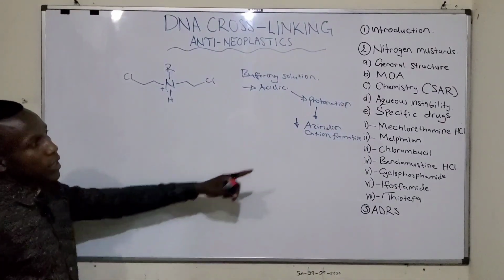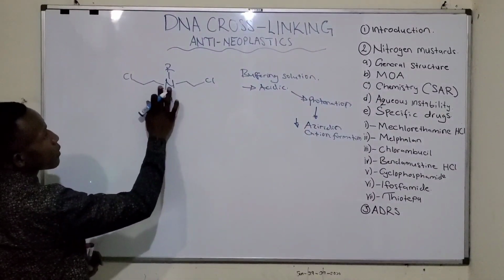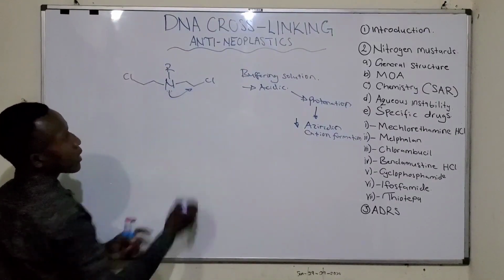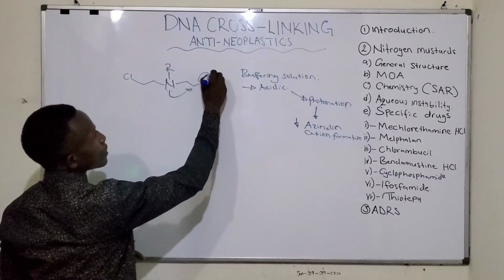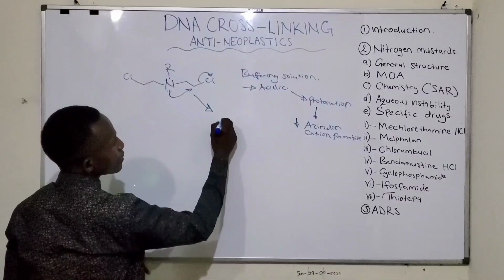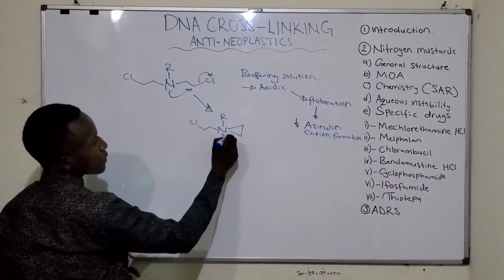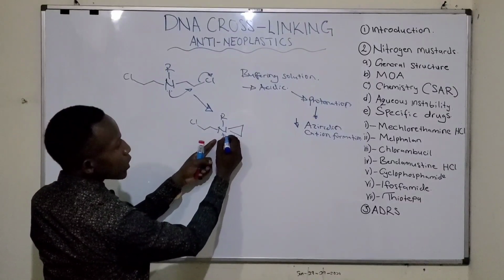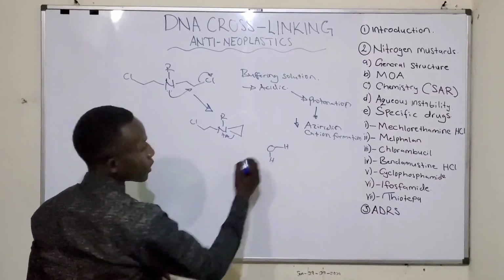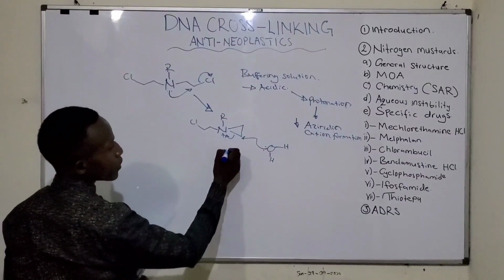So how does the aqueous environment affect the drug? This is the drug. As it forms the aziridine cation, this chloride will go. As this one pulls the electrons toward itself to stabilize, the water will come and attack the carbocation there.